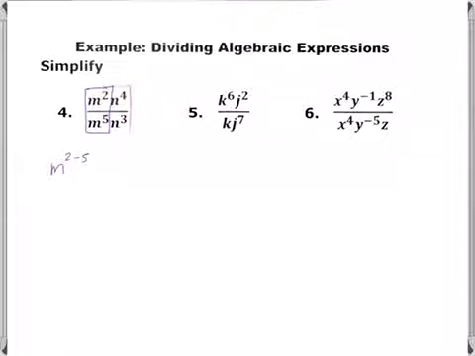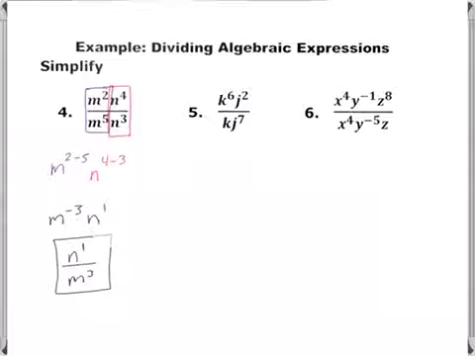And then for the n's, we're going to take 4 minus 3. Well, this is going to reduce down to m to the negative 3rd, n to the 1st. We don't want negative exponents, so we'll drop the m underneath, and we get n to the 1st over m to the 3rd. So we take the top exponent and we subtract the bottom one from it.